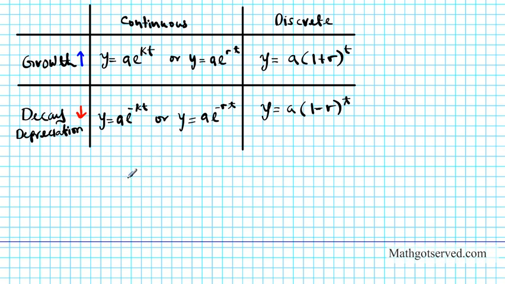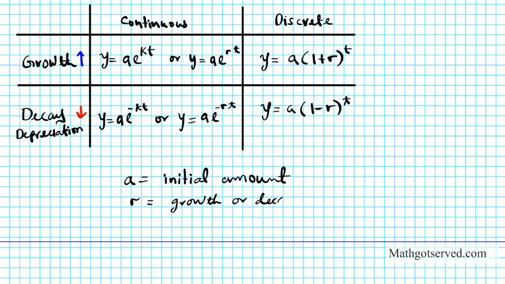The a basically represents the initial amount. And r is the growth or decay rate.